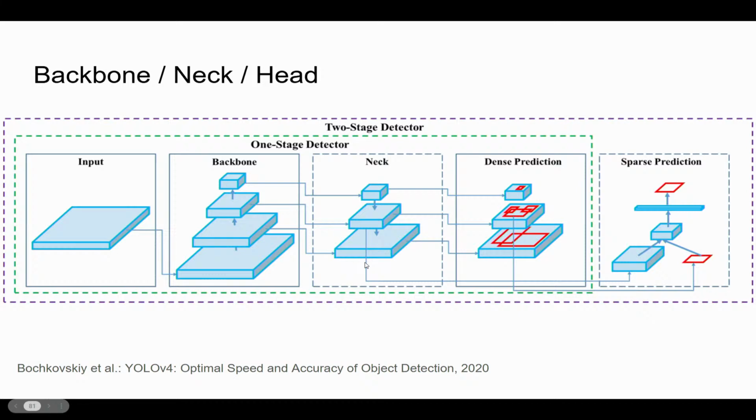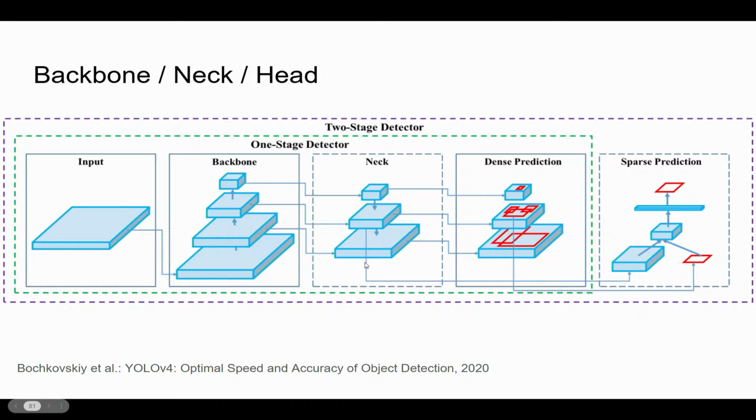It goes through a backbone, so a series of processing at the different resolutions. Then there is something which is called neck. That's the decoder. In classification, we call it neck. So we have backbone, neck, and it ends at the head.